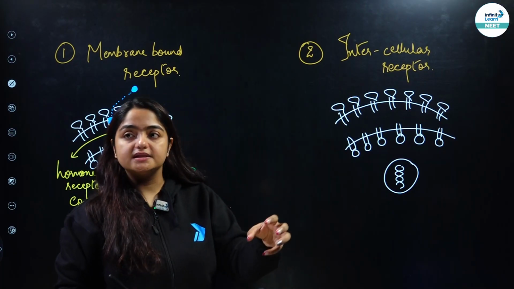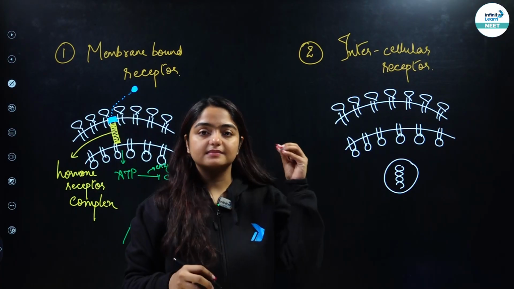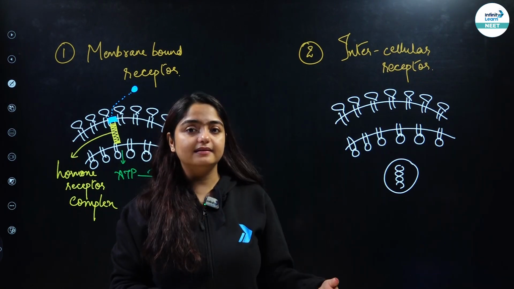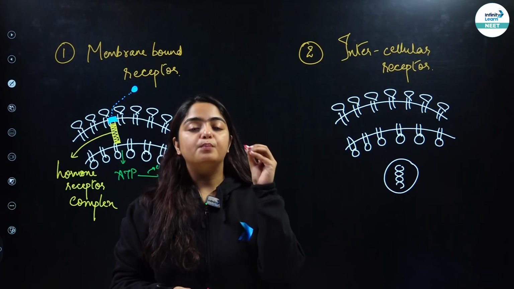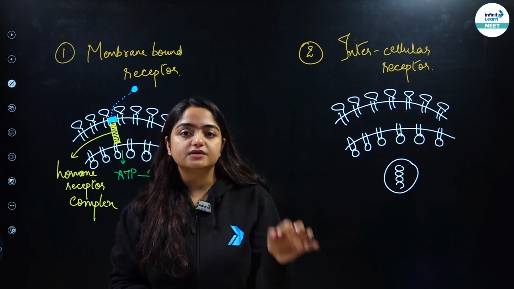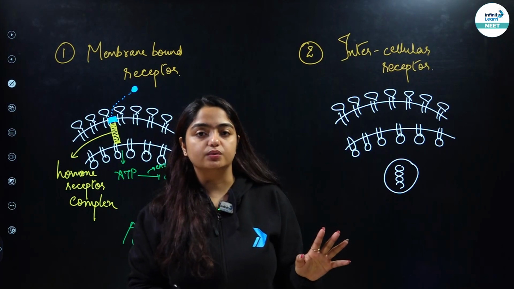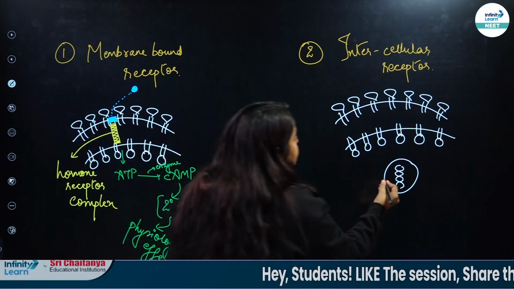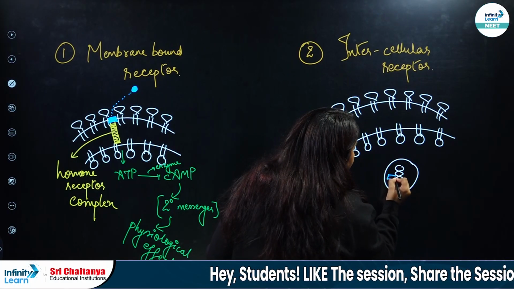Now, in most cases, in intercellular receptor also, intercellular receptor means what? That the receptor is present inside the cell. Now inside the cell, we have the nucleus also, right? Most of the intercellular receptors are present inside the nucleus only. Okay? So, your receptor is here, inside the nucleus.